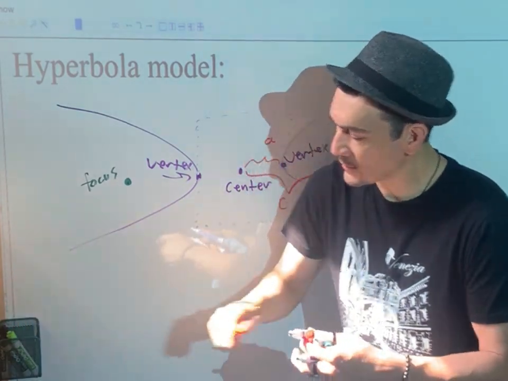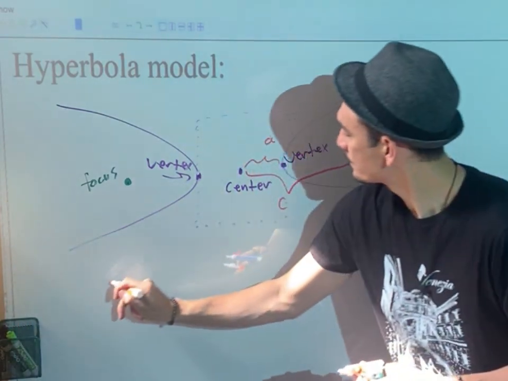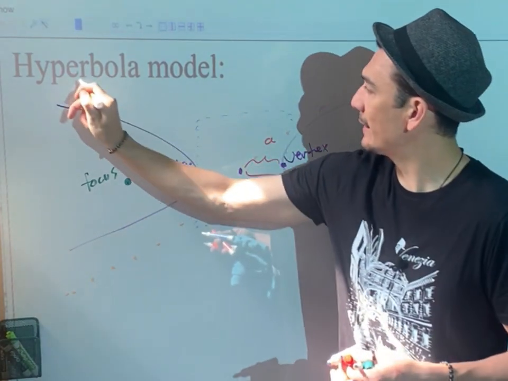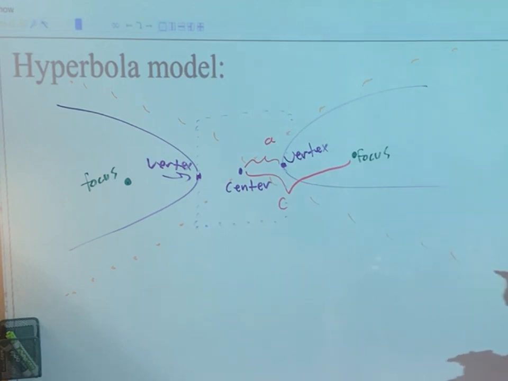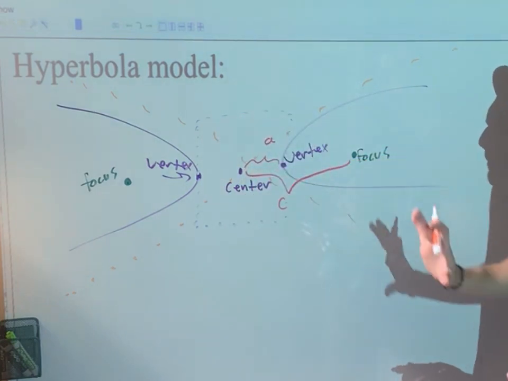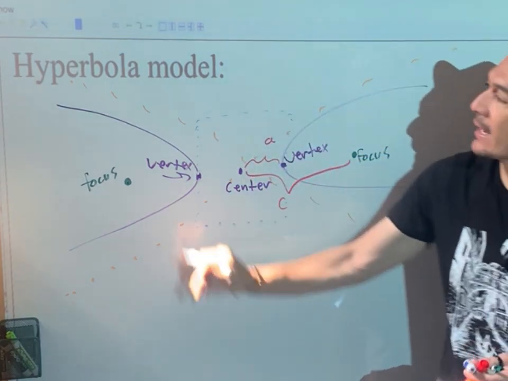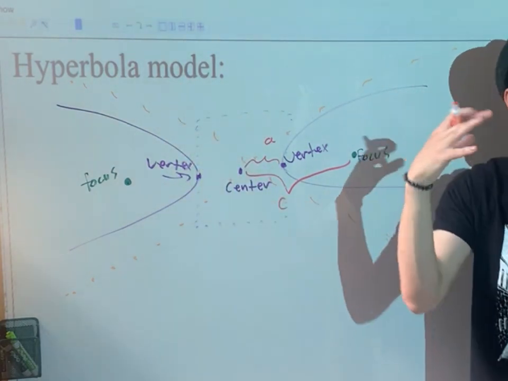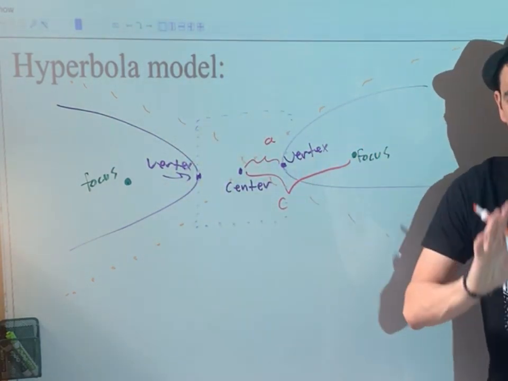Draw the diagonals of this rectangle like this. Right? Sort of like a dotted line. Not the best picture, but what we're going to have is a box, a rectangle in the middle. And we're going to have diagonals. And these diagonals, they sort of serve as asymptotes for the hyperbola. You'll see in just a moment.